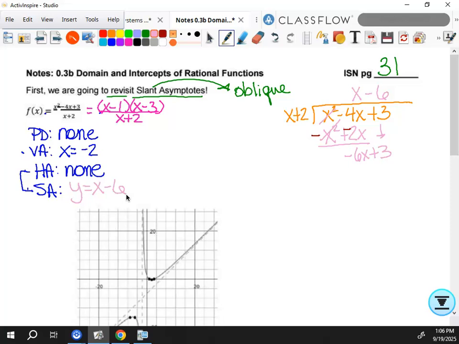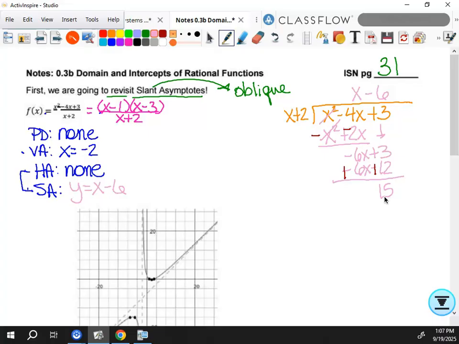Now, one of the reasons we are revisiting this is so that we can talk about the remainder and what it means. So we're going to continue this one over here and actually find our remainder. So when I multiply this back, I'm going to get negative 6x minus 12. And then I change the signs. So this gives me 15.